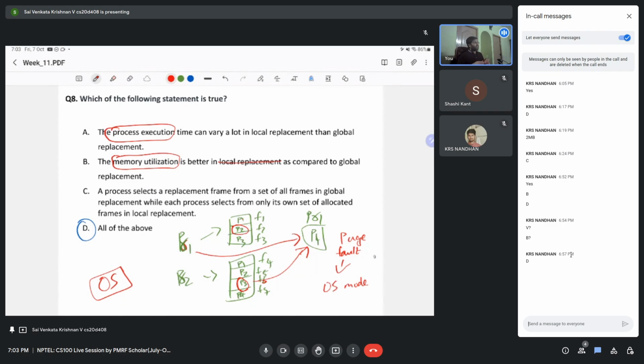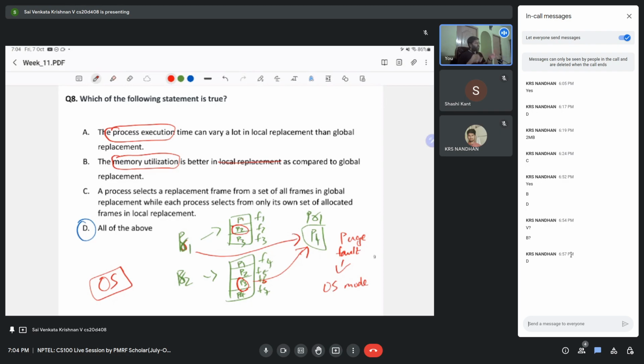In a local policy, it will just be confined to those frames it was allocated at first, and it should just recycle and reuse those frames.